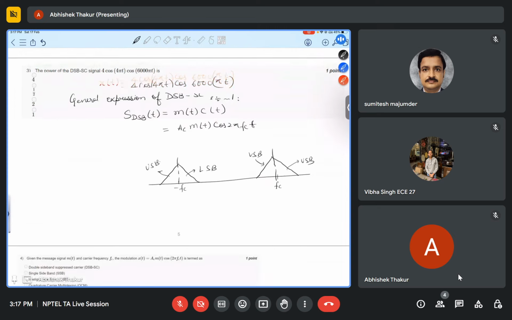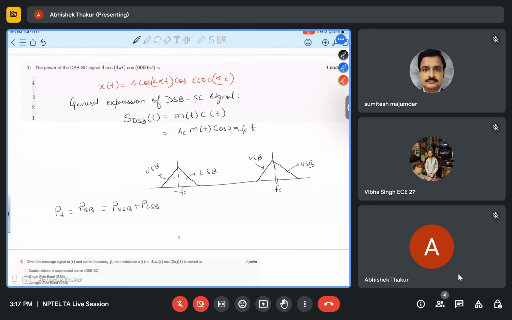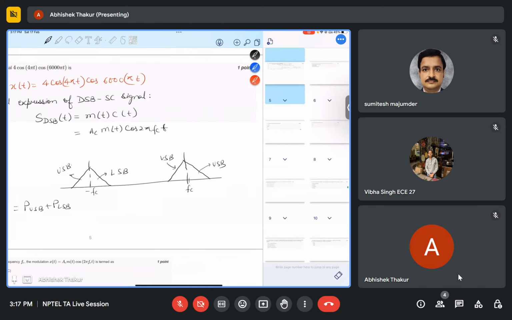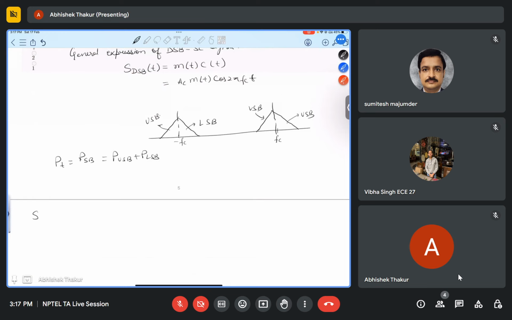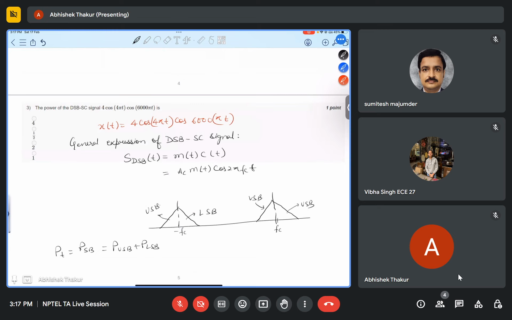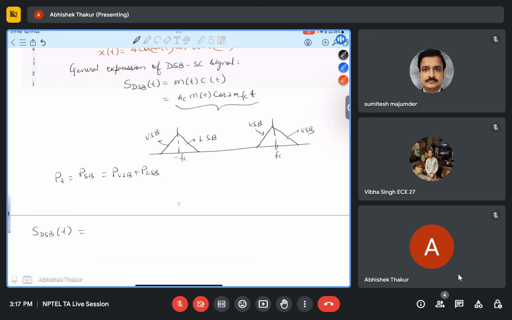So now power is, total power will be power of sideband only. So that is equal to power of USB plus power of LSB. So we can also write for DSB SC signal, here this equation we will derive more.